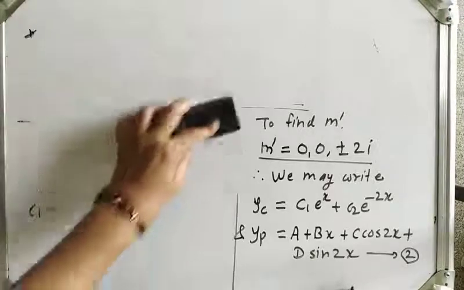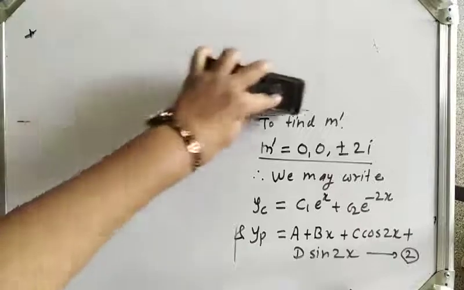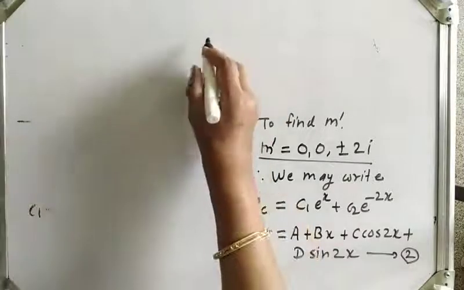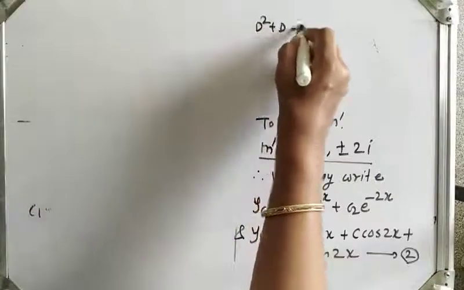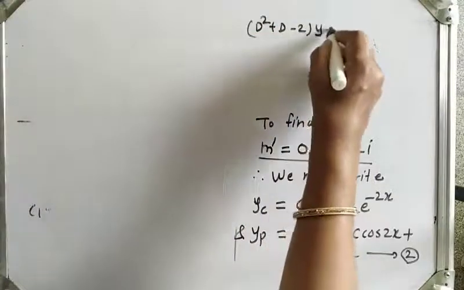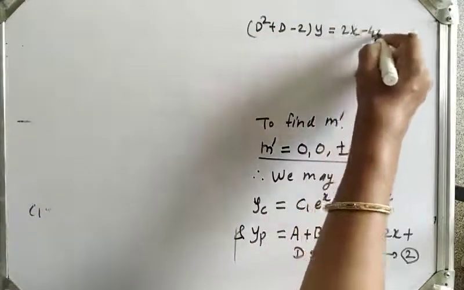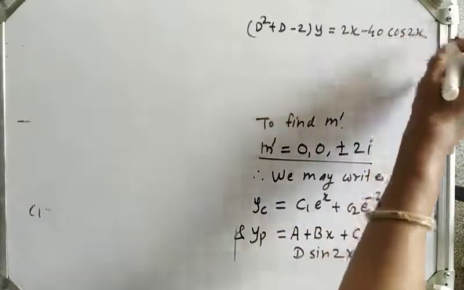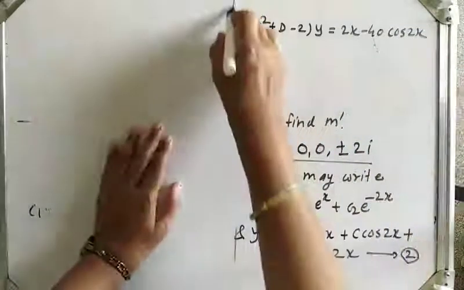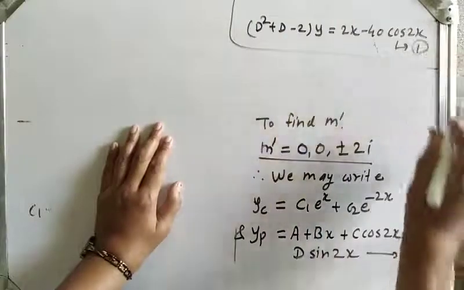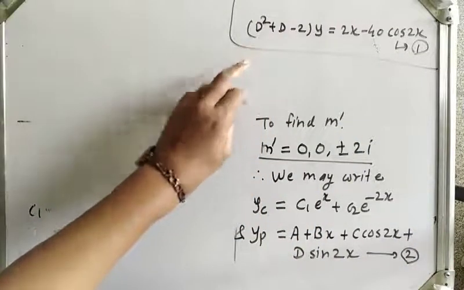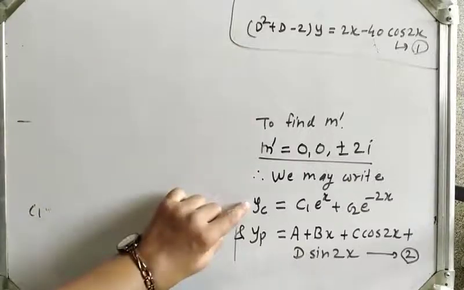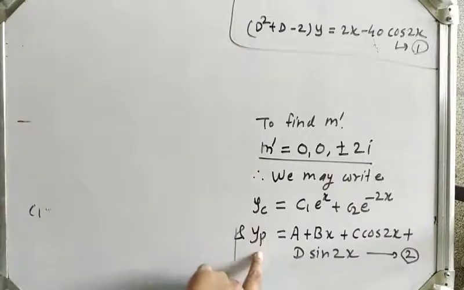And let the given equation be equation number 1. What is that equation? I am writing it again here: (D square plus D minus 2) y is equal to 2x minus 4 cos 2x. From m we have written yc, from m dash we have written yp.